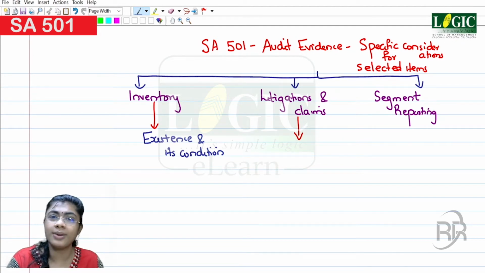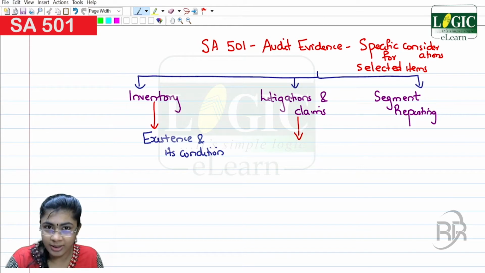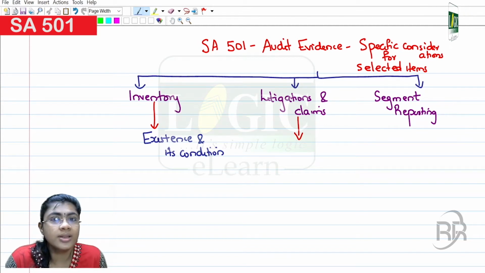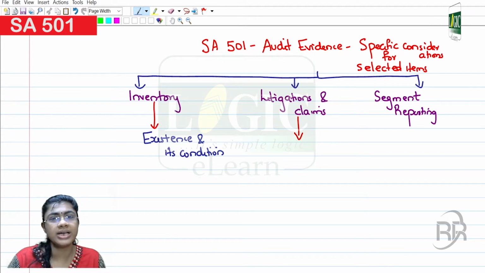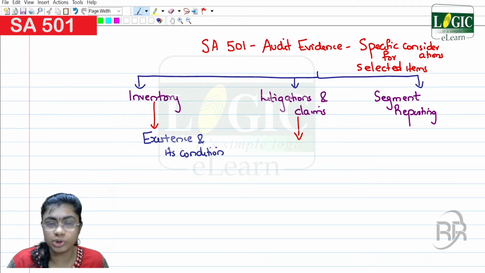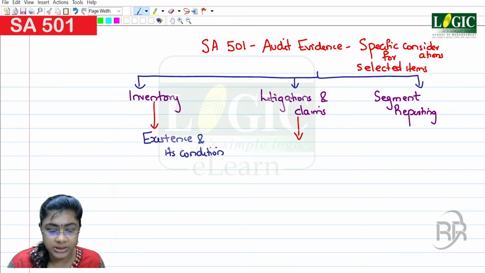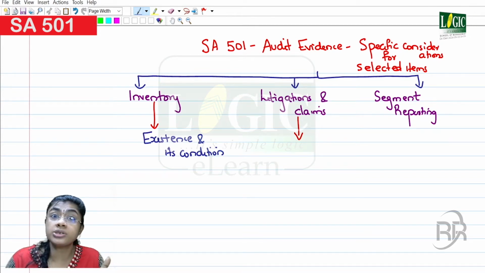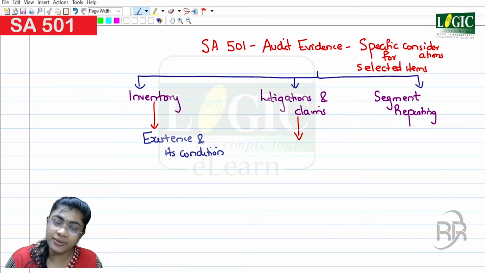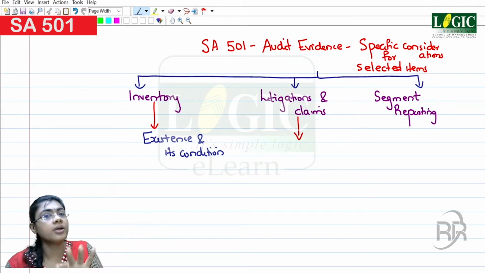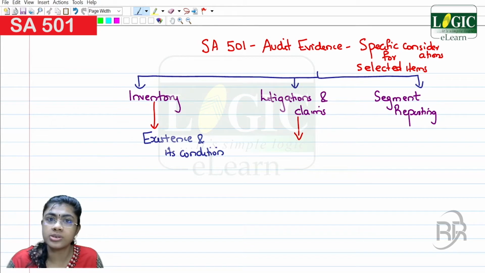It will be shown in the balance sheet and P&L as provisions if it is almost sure that the case will be lost, or you will show it as a notes to accounts disclosure as a contingent liability. It is the responsibility of management and TCWG to show this either as provisions or as disclosure in notes to accounts.